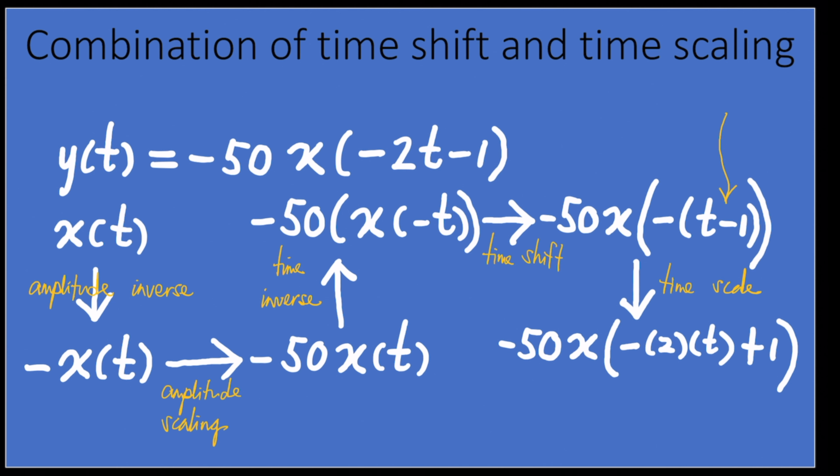So let's adjust the time shift parameter value. Instead of t0 equal to 1, we choose t0 equal to minus 1. By doing this, the time shift will produce minus 50 x(minus t minus 1).